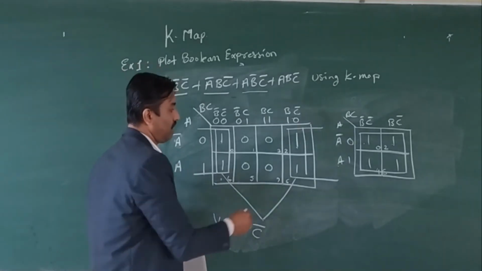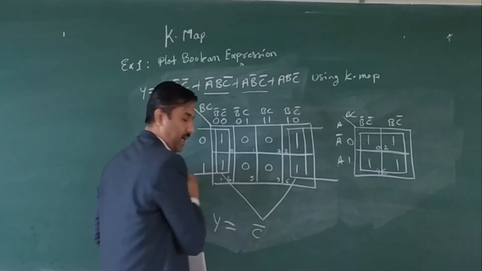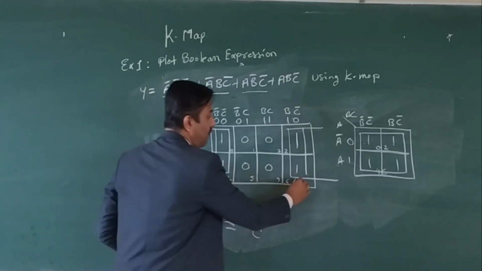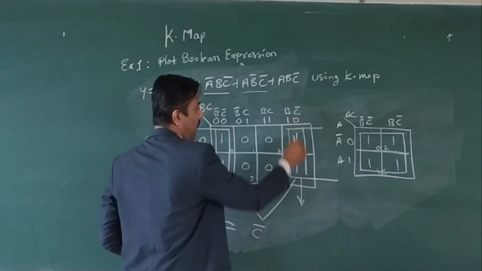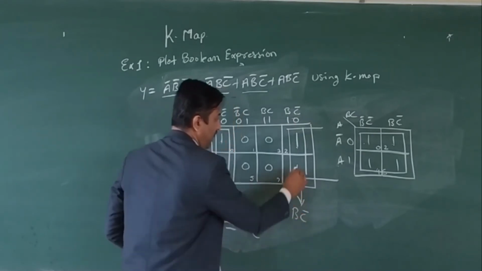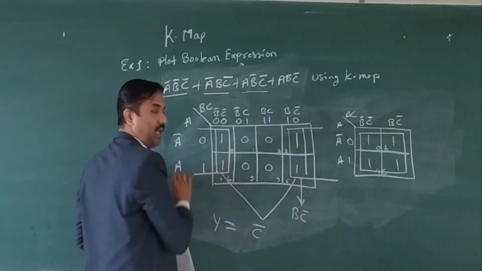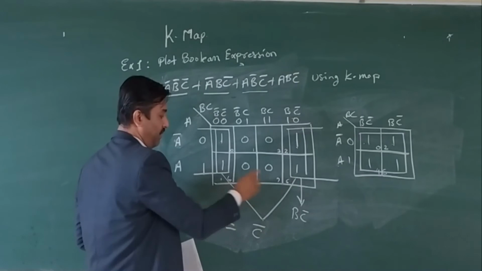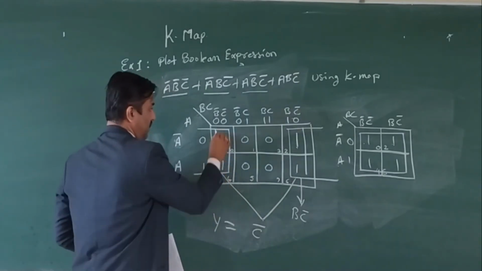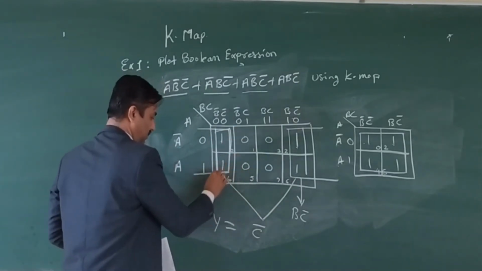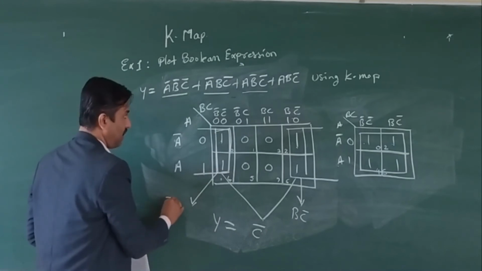So here what happens if I pair it separately? Here this pair, what will it be? B C bar, because for this one and this one A and A bar are changing. So B C bar will come. And for this pair, what will come? B bar C bar.